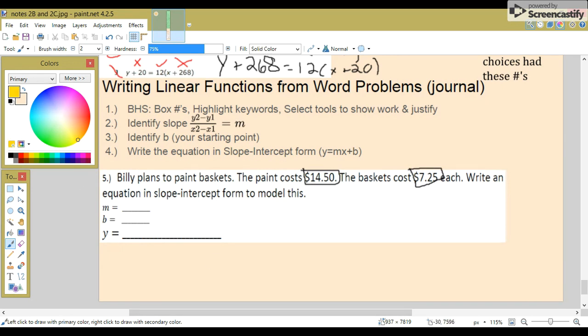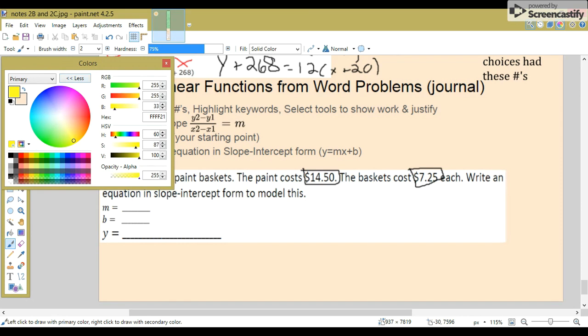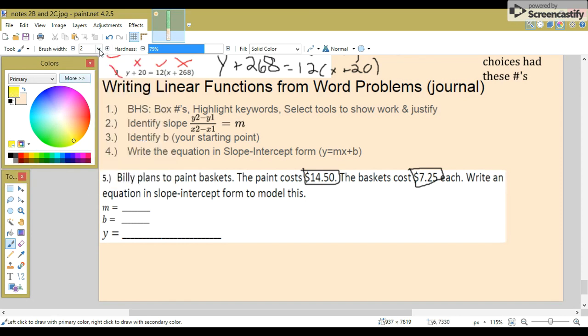Now let's highlight our keywords. Paint costs. The baskets cost $7.25 each. Write equation in slope-intercept form. So now we've highlighted our keywords.